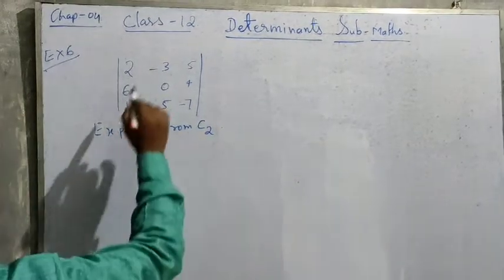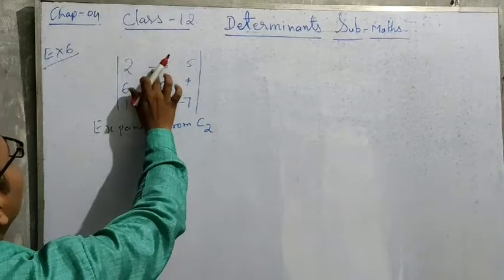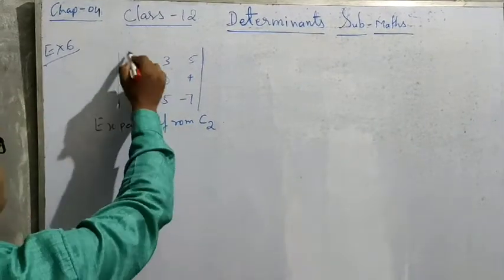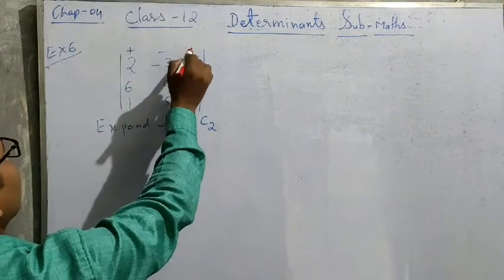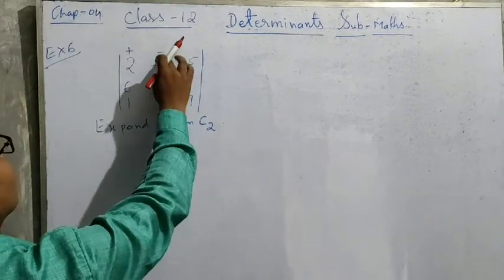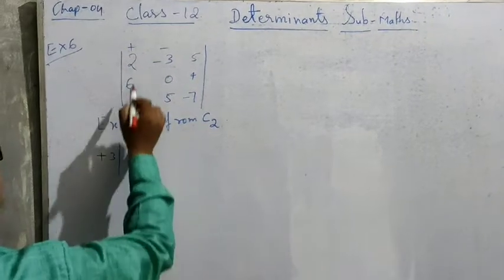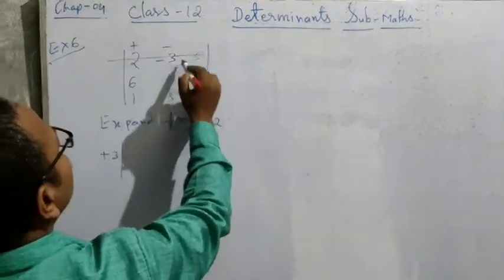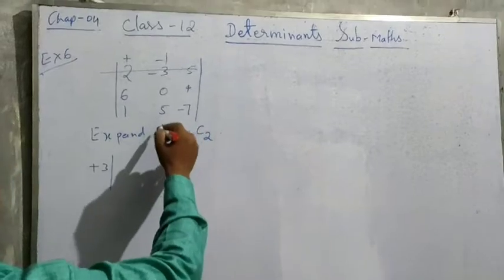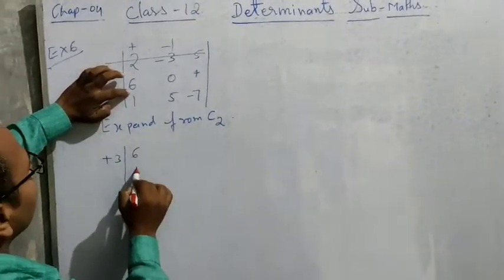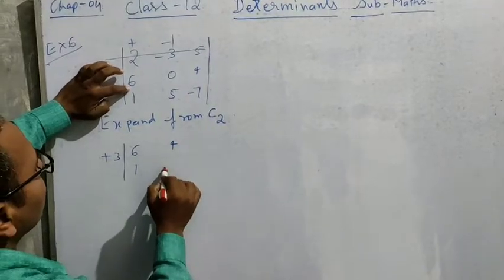C2. So what will we get here? The sign is negative here. First is positive, second is negative, so plus minus we have to take. Negative is here, so we take minus, plus 3. Students, this first row and second column are left out. So the remaining values in the determinant are 6, 1, 4, minus 7.